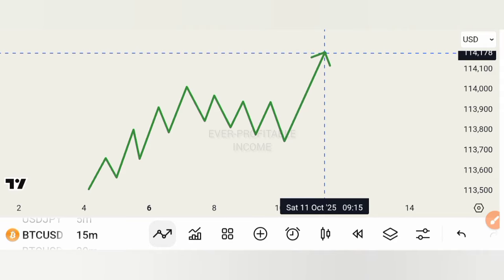Now I'm going to draw the trend line to show you how it's going to look like on your chart. So when you see a formation like this, what you have to do is take out your trend line tool and draw. Let's draw and see if it forms the flag pattern.